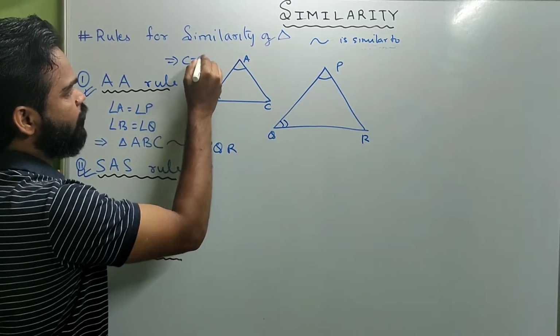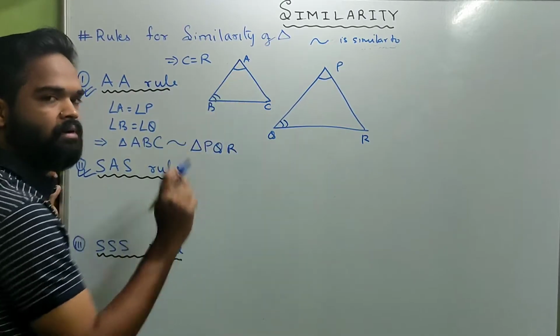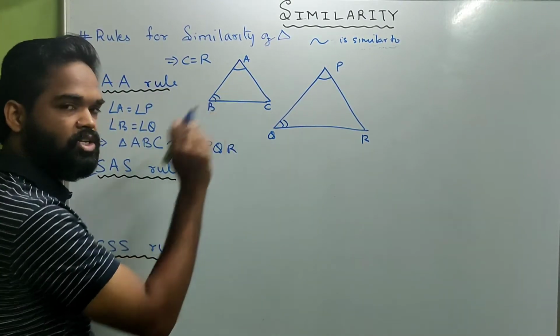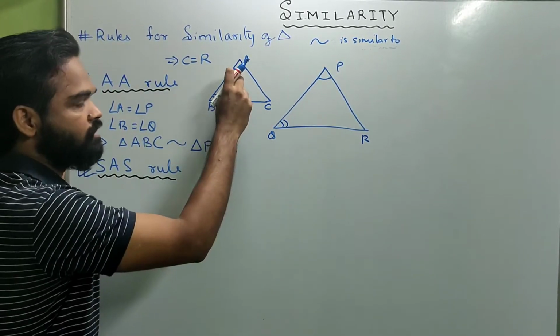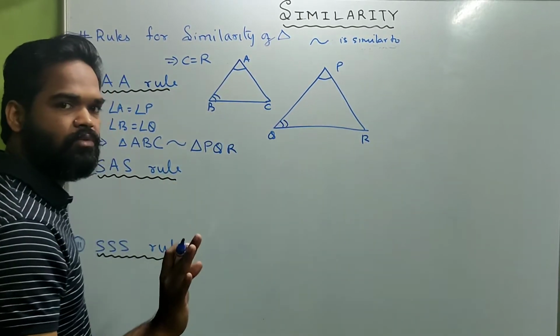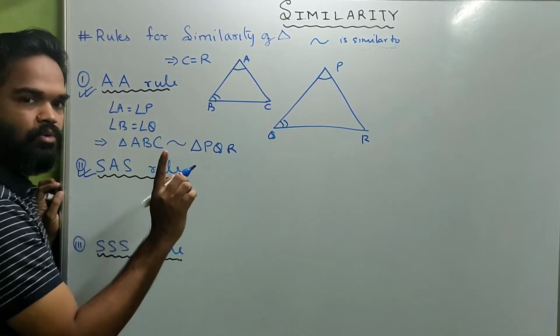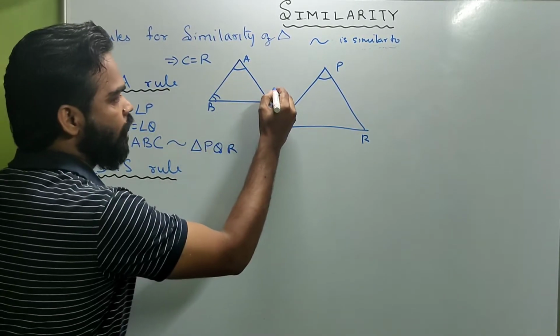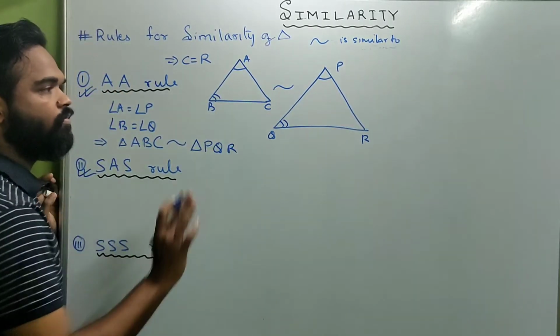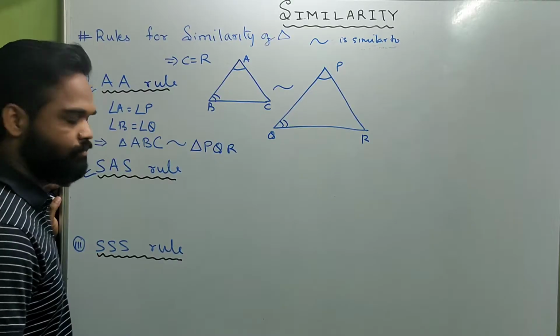Why? Because the sum of the angles of a triangle is 180 degrees. So if these two angles are equal to these two angles, then the third angle has to be equal. Simple. So the first rule is the angle-angle rule: if two angles are equal to two angles of the other triangle, this is a sign of similarity.